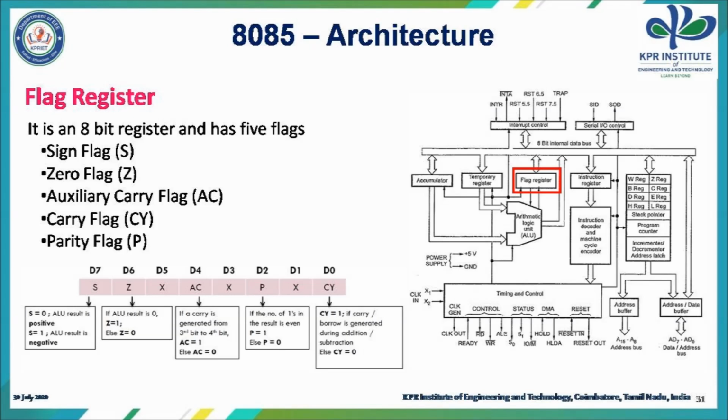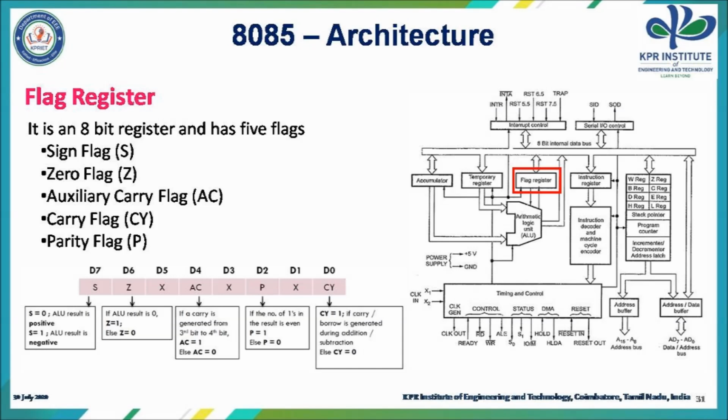If carry pin is equal to 0, then it means no carry is generated. D1 pin is not used. Then D2 is used for parity. So if P is equal to 1, it means that the result of any arithmetic or logical operation has even parity, and if P is equal to 0, then it has odd parity.